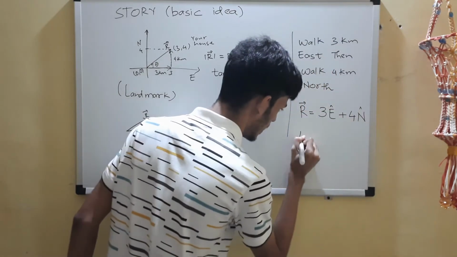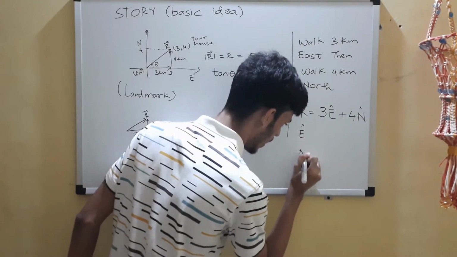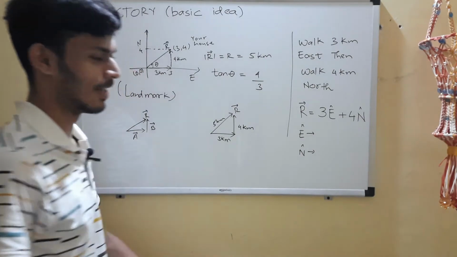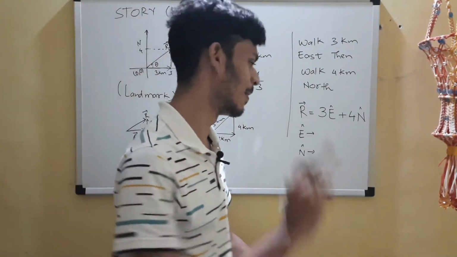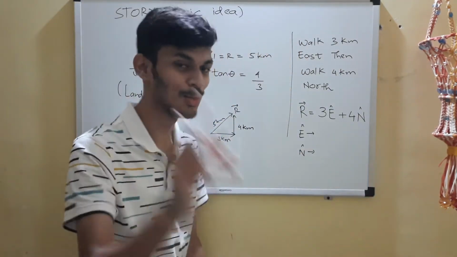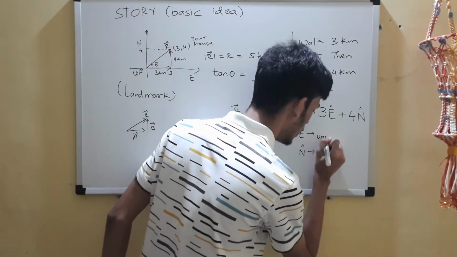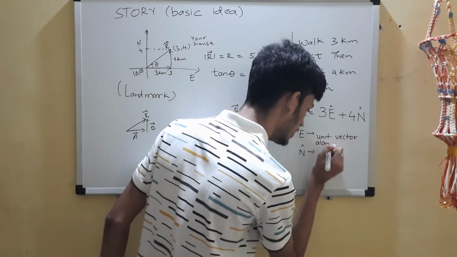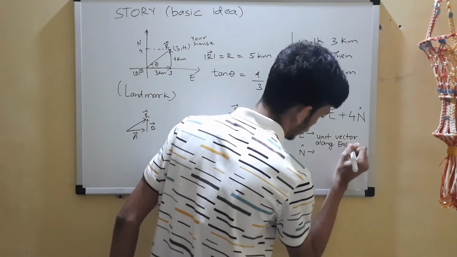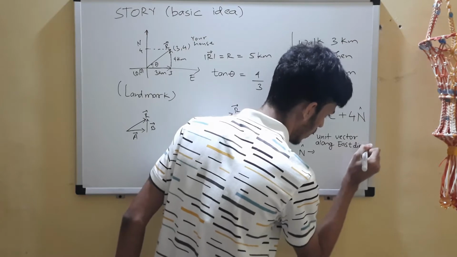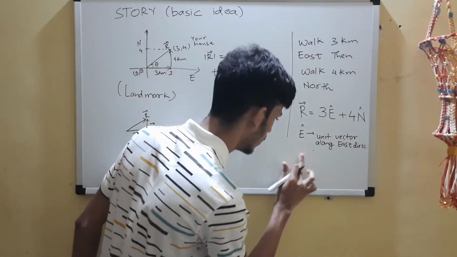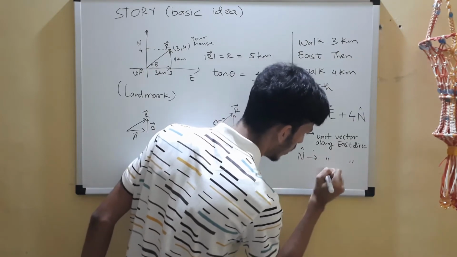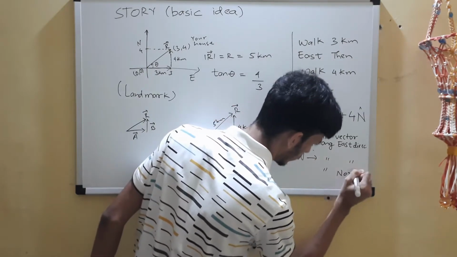Do you know what this E cap and N cap are? Of course, they represent direction east and north, but they are certain special vectors. Can you recollect? They are unit vectors. So this is the unit vector along the east direction, and the north cap, as you would have guessed, is the unit vector along the north direction.